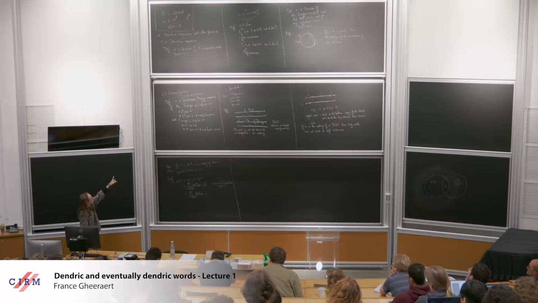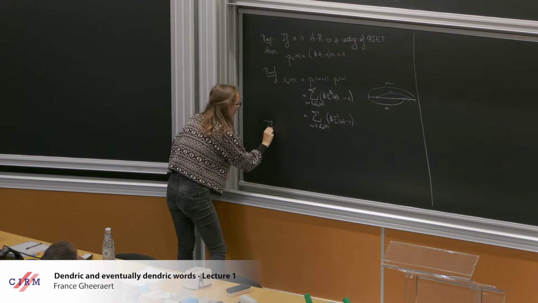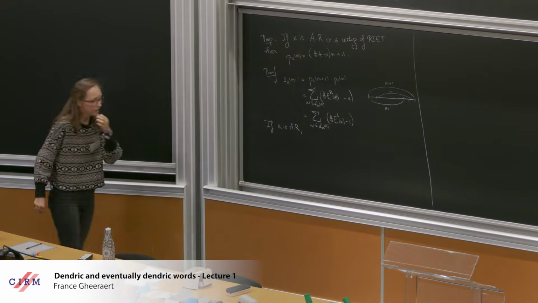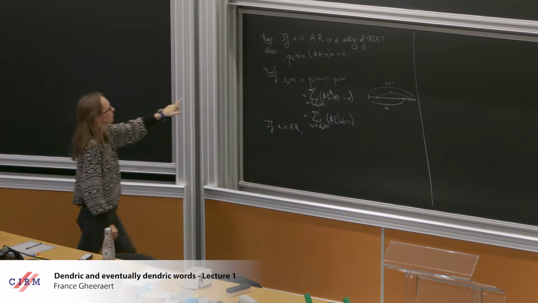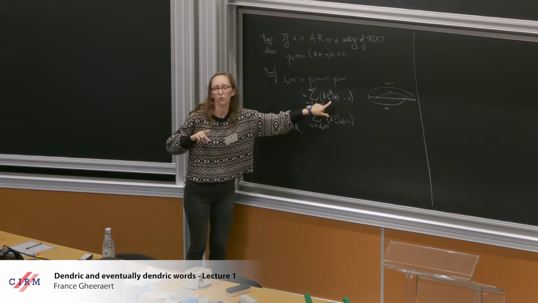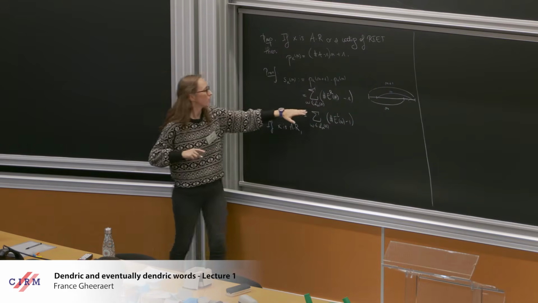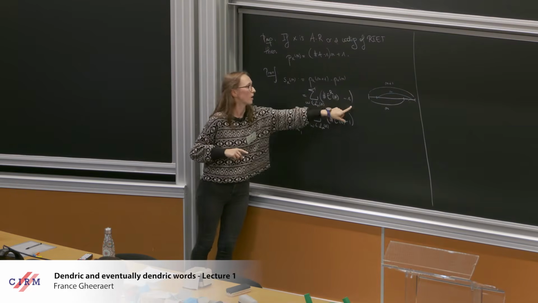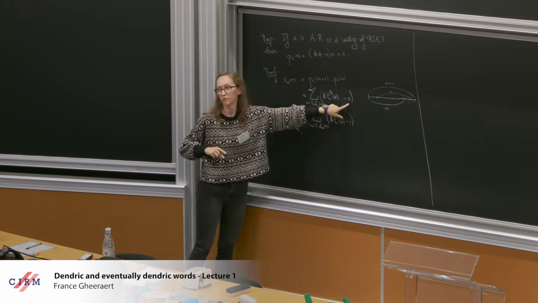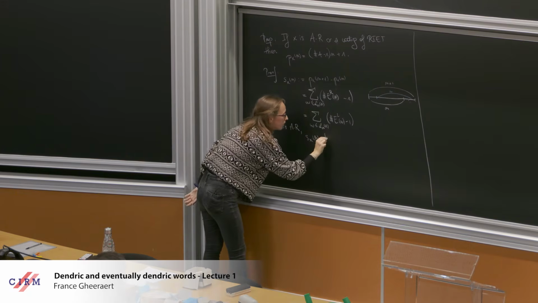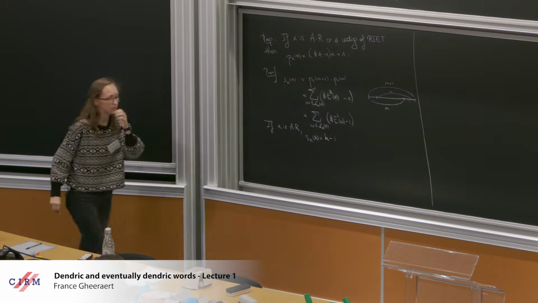Now, what happens in the case where x is an Arnold-Rosie sequence? If x is Arnold-Rosie, I know that among the words of length n, one of them has k extensions and all of the others only have one extension. So only one of them will contribute to this sum, because all of the others will give me 1 minus 1, and this one will contribute k minus 1. So my difference of complexity is equal to k minus 1.